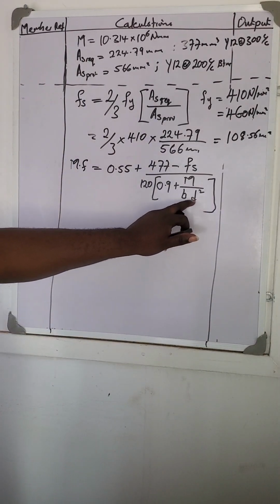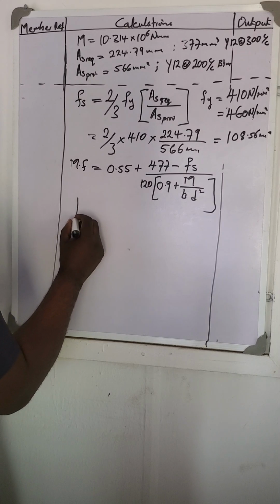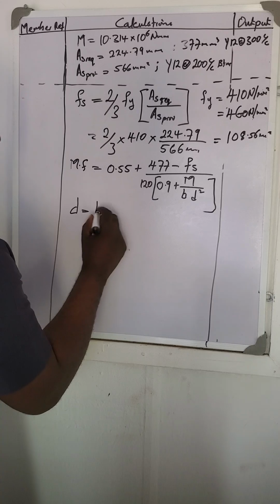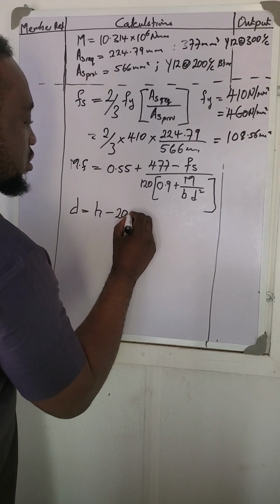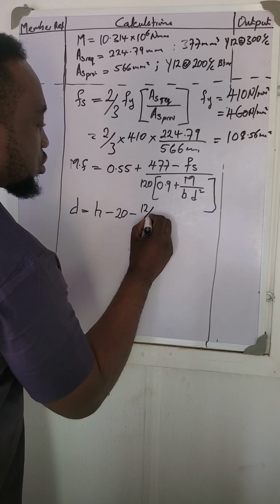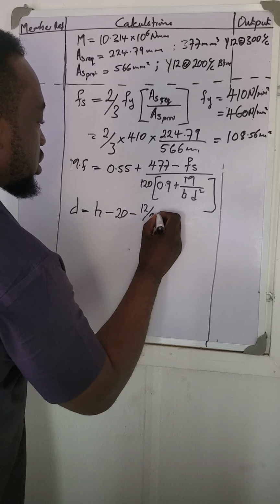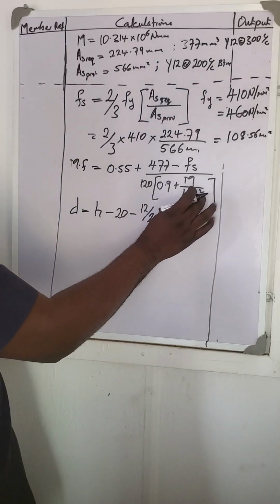This one is our D. Recall that in our last class, D is equal to H, thickness of slab, minus concrete cover, which is 20, minus steel over 2. This one is 6 over 2. This will give you 124. So that was how we were able to get this 124.